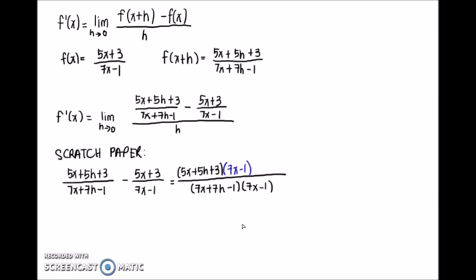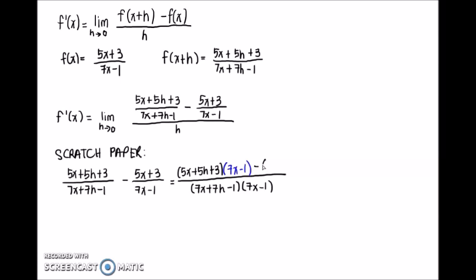Okay? So, why did I multiply it with 7x minus 1? Para kapag kinancel ko tong part na to, anong mangyayari? Magiging magkapareho na sa original fraction natin. Okay? So, now, let's do the same thing sa second fraction.